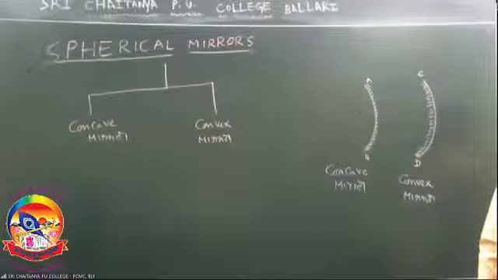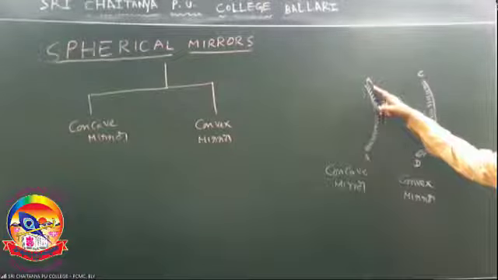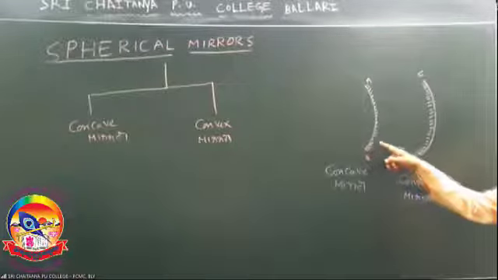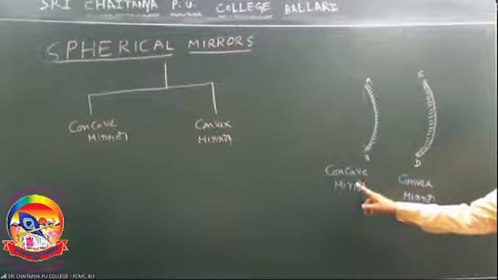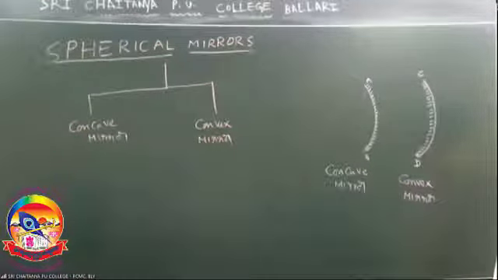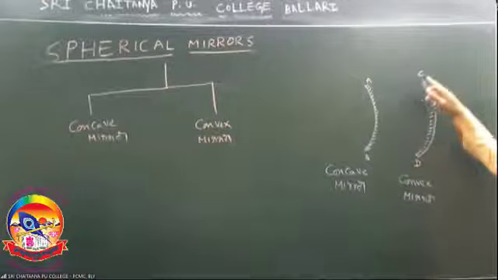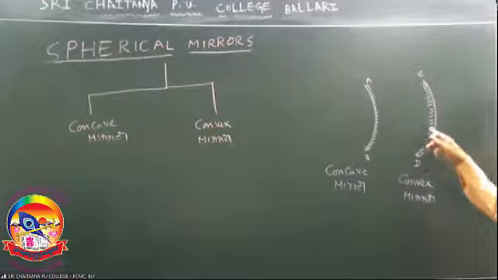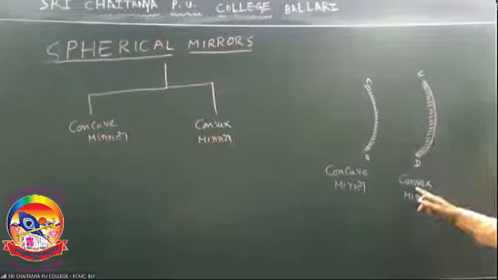If the surface away from the center of the imagined sphere is polished, that is a concave mirror. If the surface towards the center of the sphere is polished, that is a convex mirror.